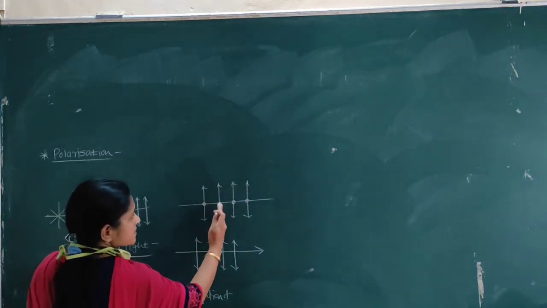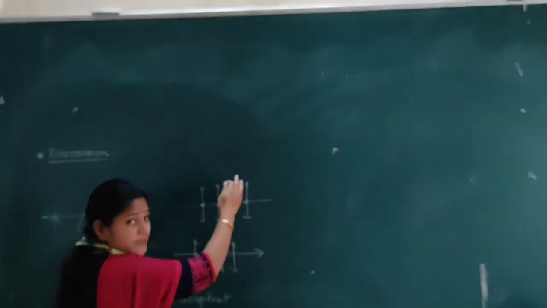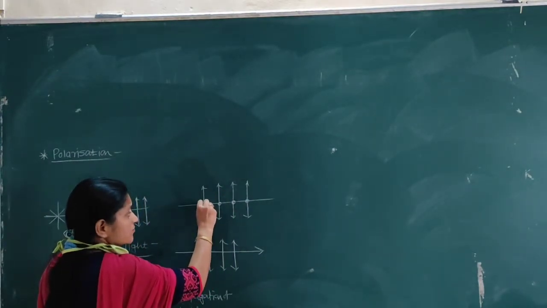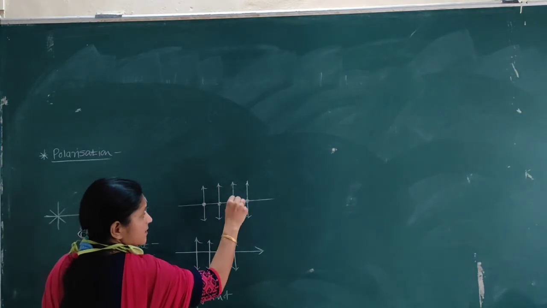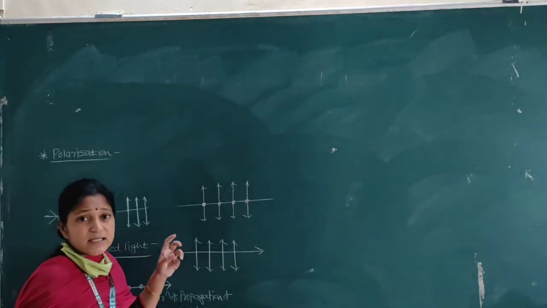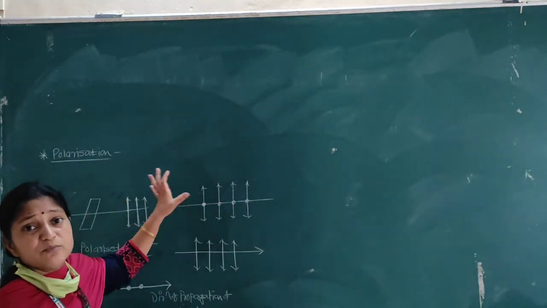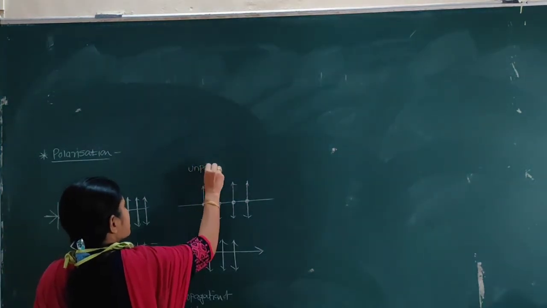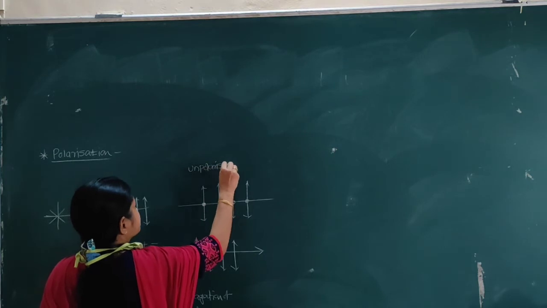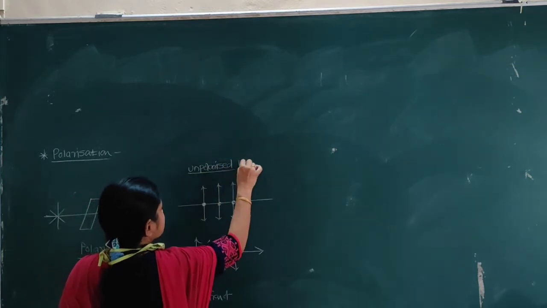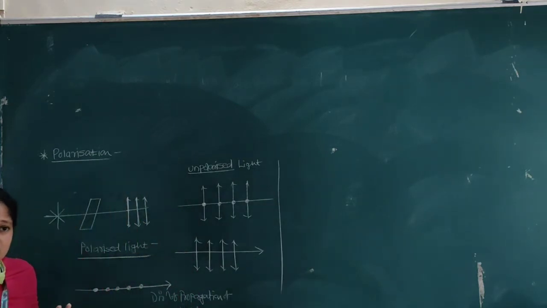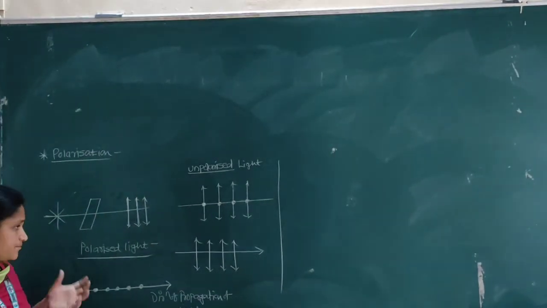One is represented by an arrow, and the other direction is represented by a dot, and hence it is said to be unpolarized light. Understood? Polarized light and unpolarized light.